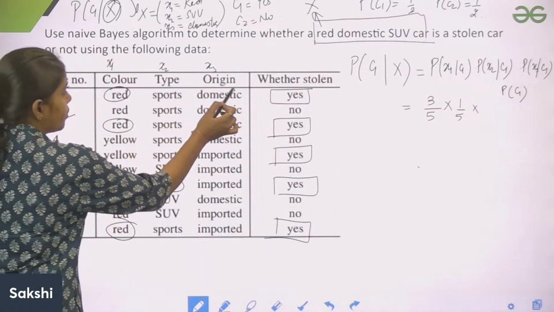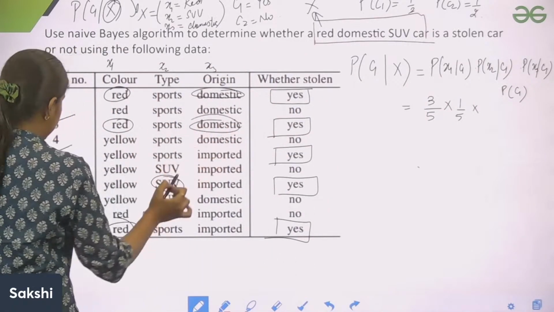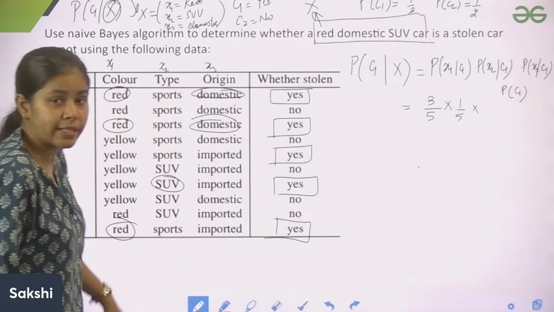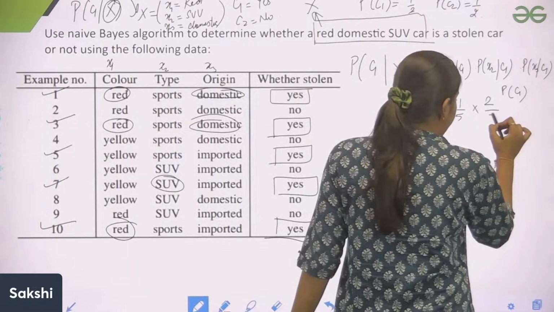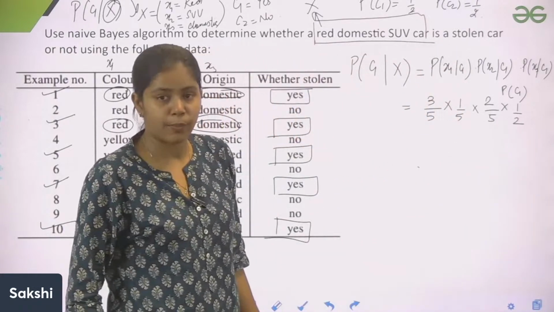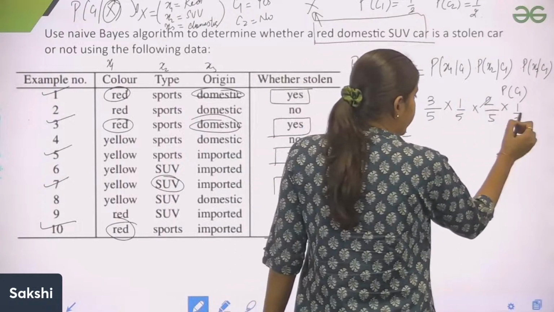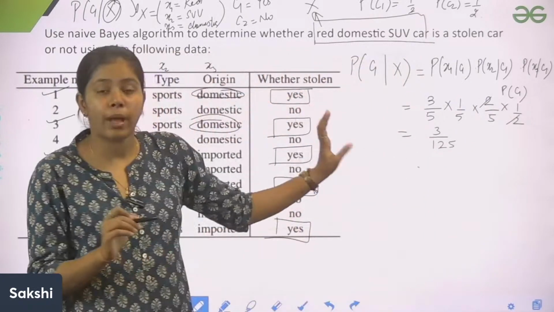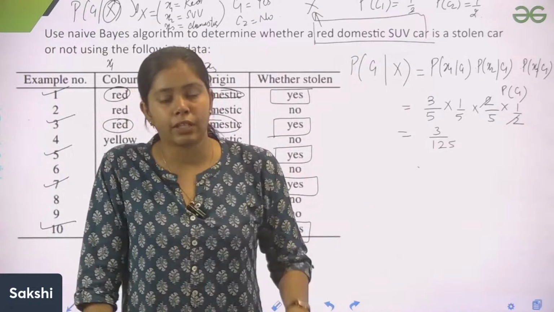You can see this is domestic, this is domestic, this is imported, imported. So out of 5 examples we have 2 domestic, so 2 by 5, and probability of c1 is 1 by 2. Now you can solve it. 2 and 2 get cancelled, so probability would become 3 upon 125. So that is the probability of class c1 given the query x.